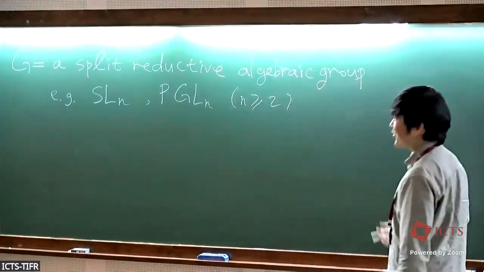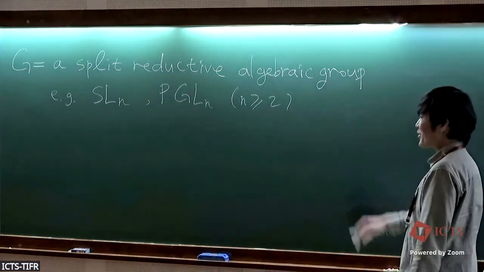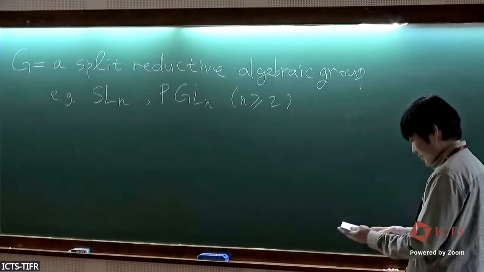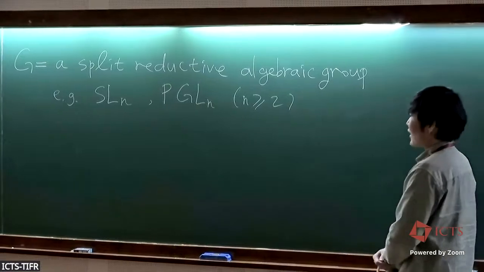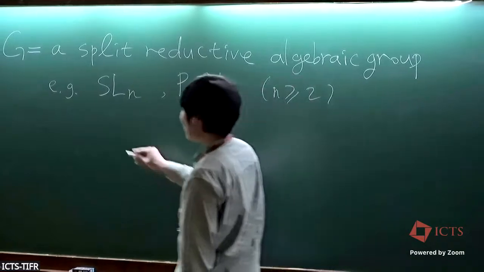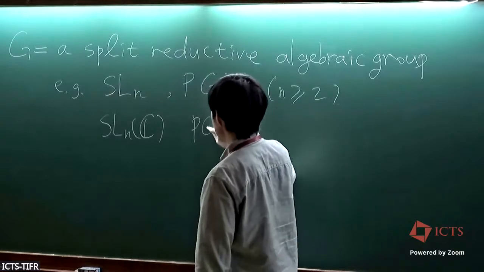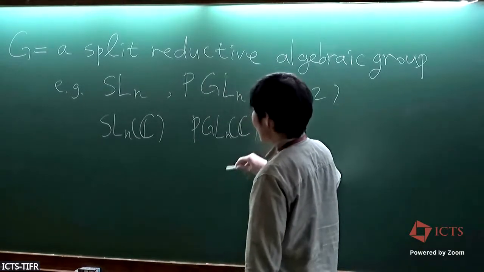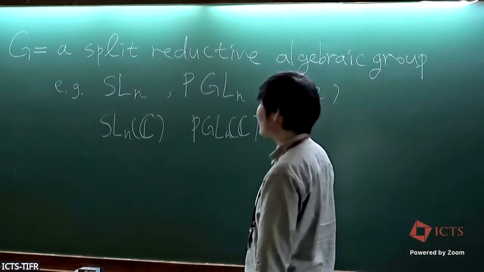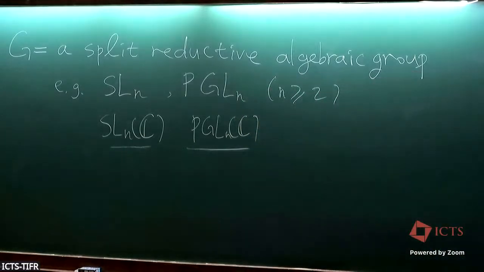You don't even need to know what SL_N and PGL_N are, because I'm just going to use them as symbols and look at their algebraic structures. I prefer not to specify the field here, but if you're not comfortable, you can just think of them as SL_N(C) or PGL_N(C). I prefer to look at them as group schemes so that you can evaluate at a field later if you want. But for today's purpose, you can just look at SL_N(C) and PGL_N(C).